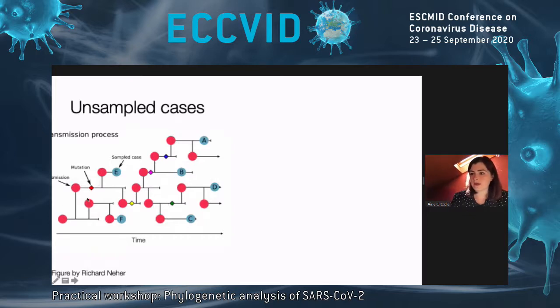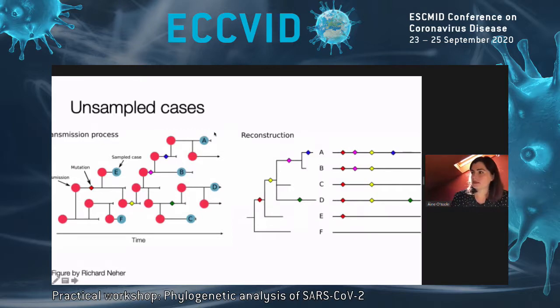And all of the red circles are the transmission events that actually happened, but we don't know that. When we have our sampled cases, we use the mutations to reconstruct a phylogeny, and you can see that actually you lose a lot of the information because we don't know what's gone on in between the sample cases.